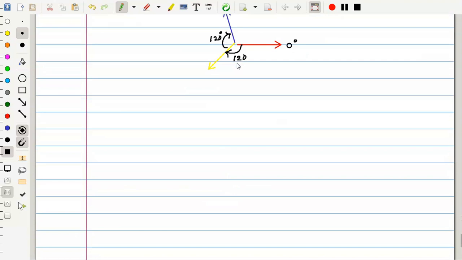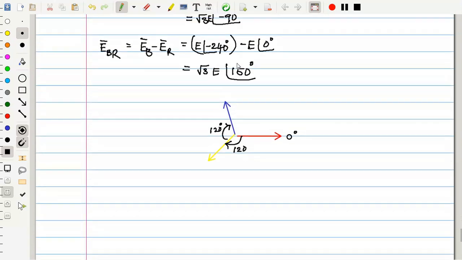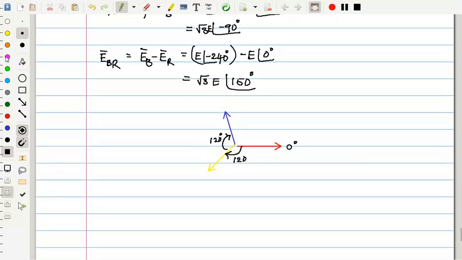Now try to observe where is EY and take negative of that. Negative of that can be plotted as like this. EY is opposite to this one, dotted line. Dotted line is minus EY.